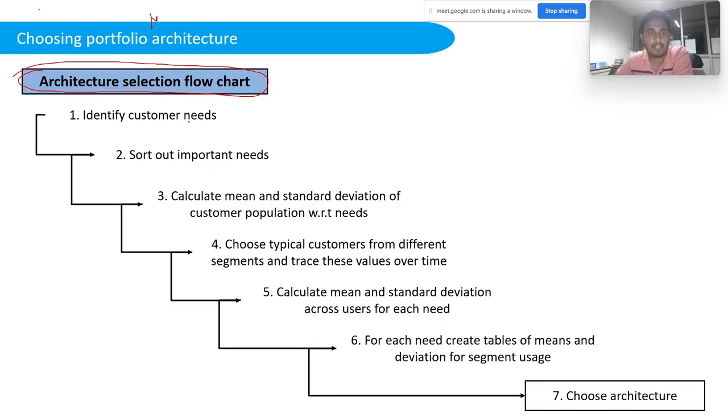This is not a flowchart. The flowchart will come next, but this is a particular process where we gather some statistical information. So what information do we consider?